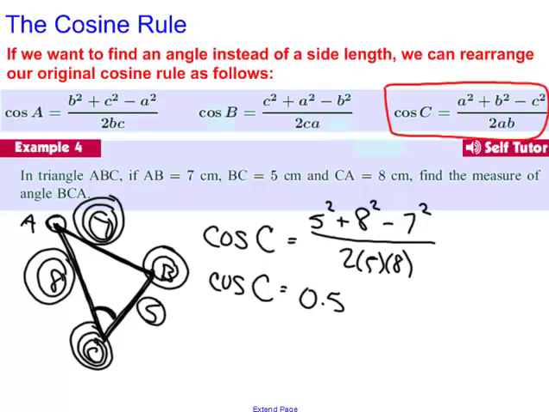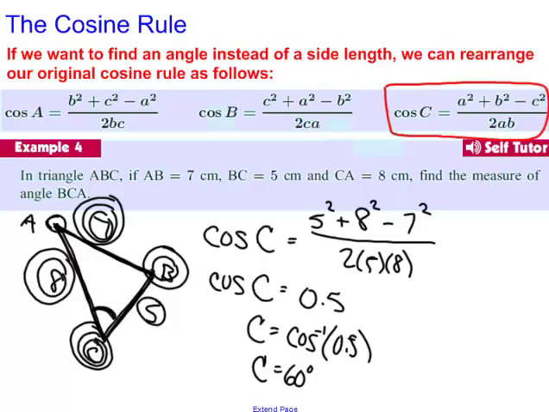You can verify that with your calculator if you'd like. So angle C would be the inverse cosine of 0.5, and in degree mode, that would give us 60 degrees for angle C.